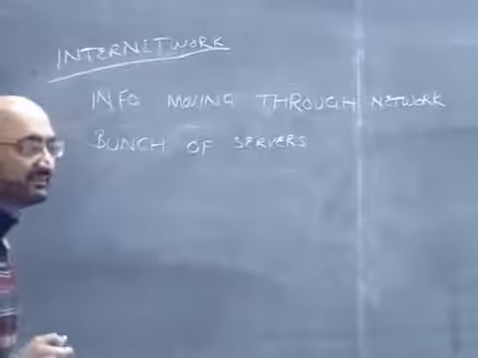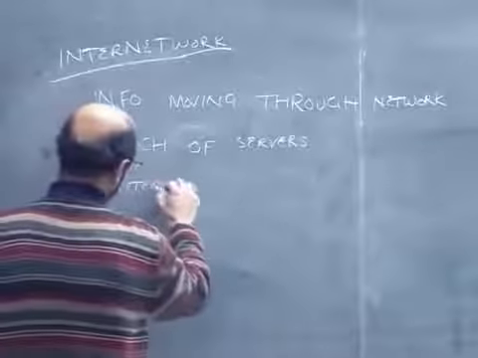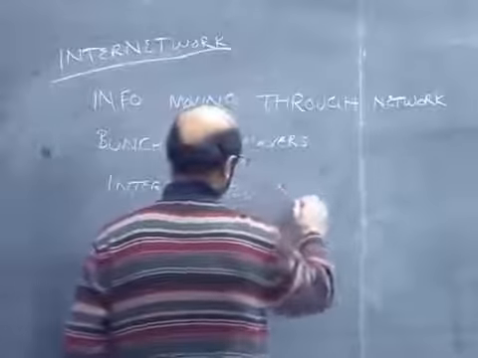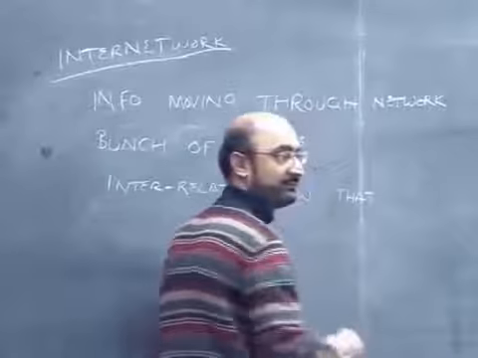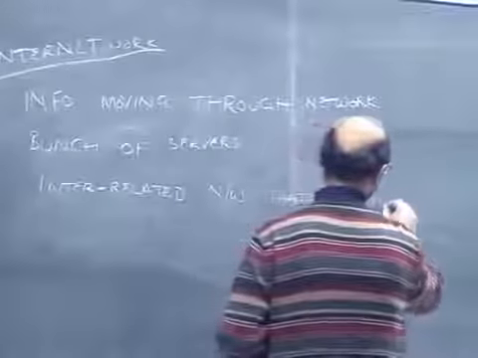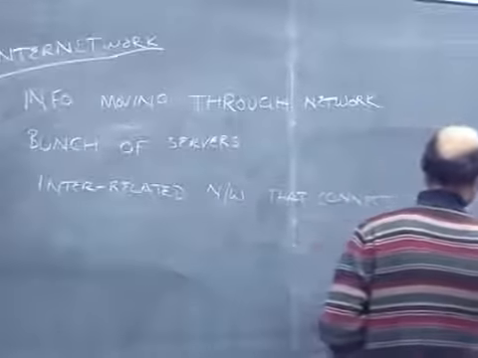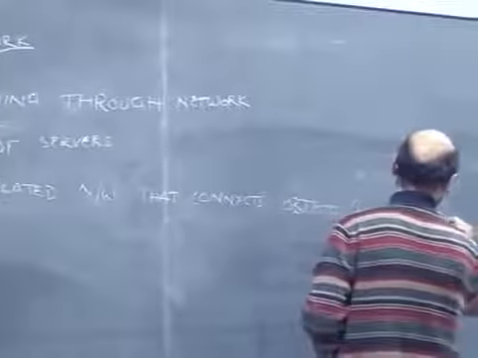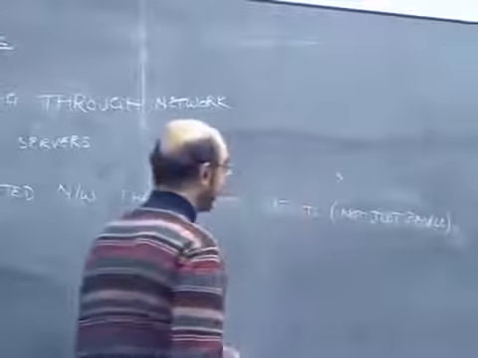Yes? I think it's an interrelated network that connects people or maybe objects and passes through information. Interrelated network that what does what? That connects people. Objects. Connects objects. Not necessarily people. Objects. And passes information. Not just people. Okay.